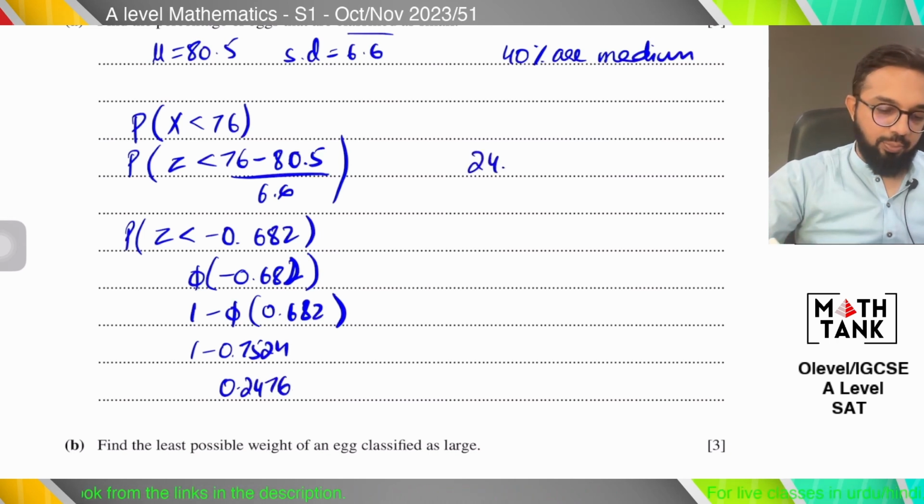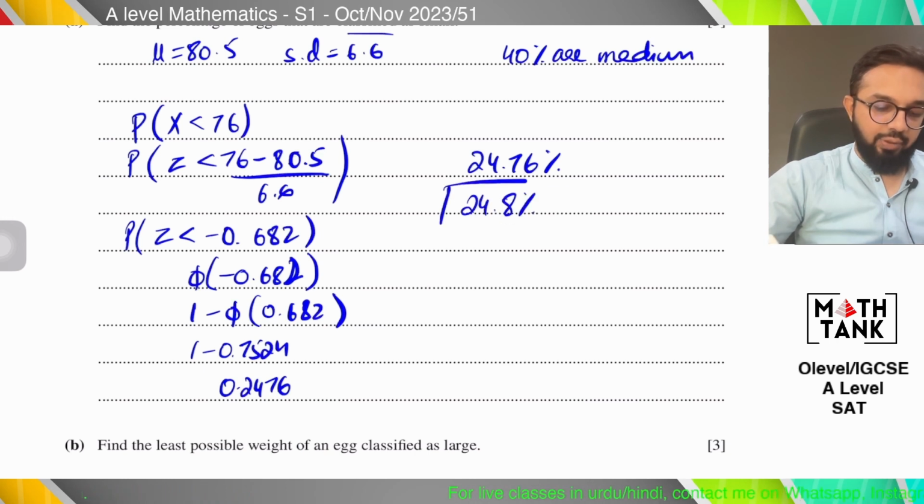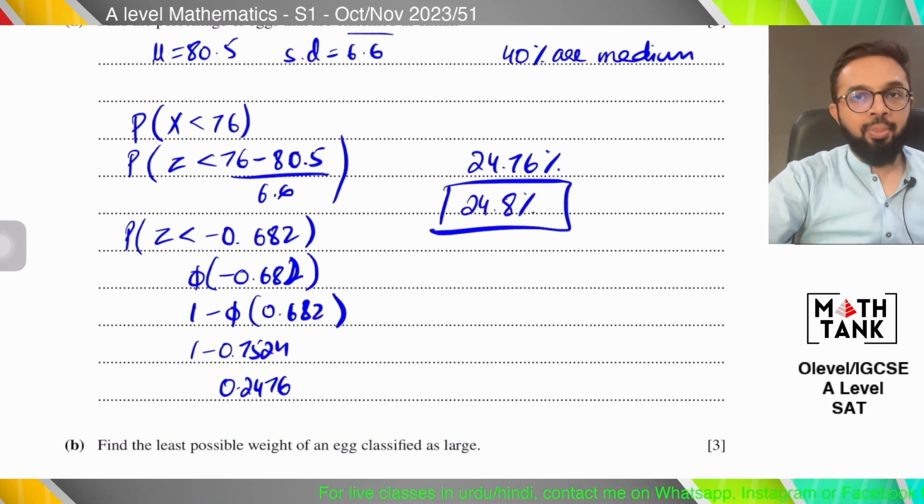Okay, so 24.76%, or 24.8%, of the eggs are classified as small.